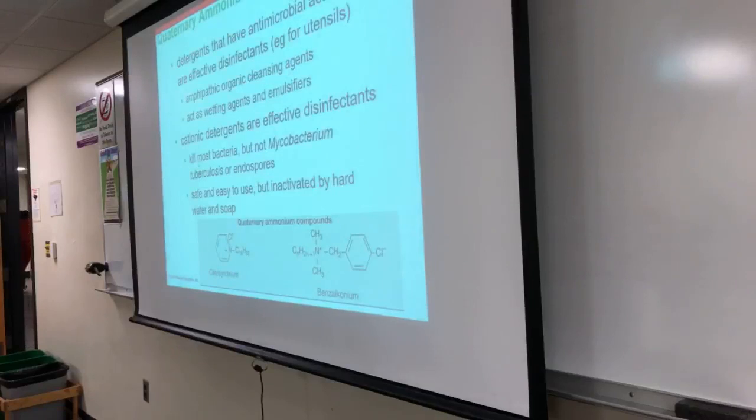Quaternary ammonium compounds, I would want to know that these are kind of like detergents, wetting agents, things like that. Emulsifiers.